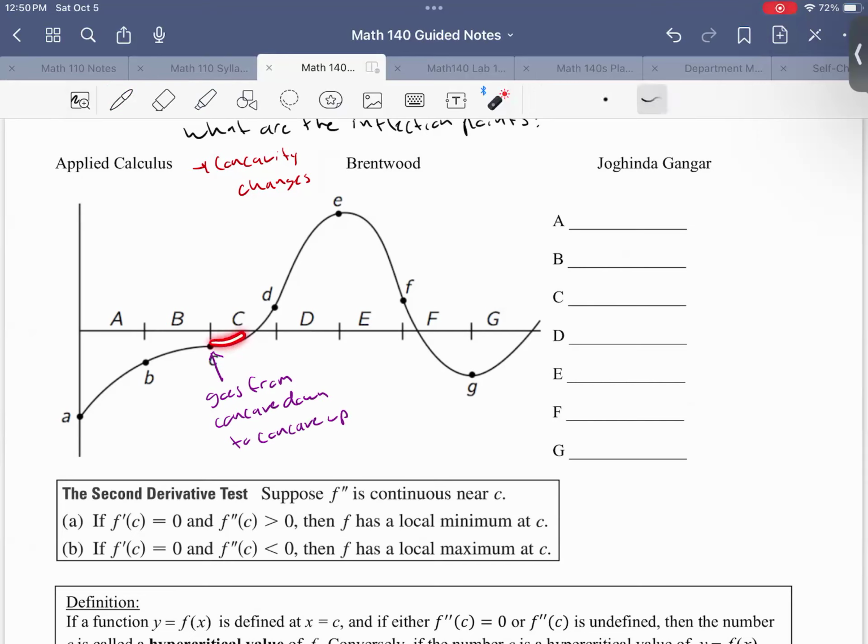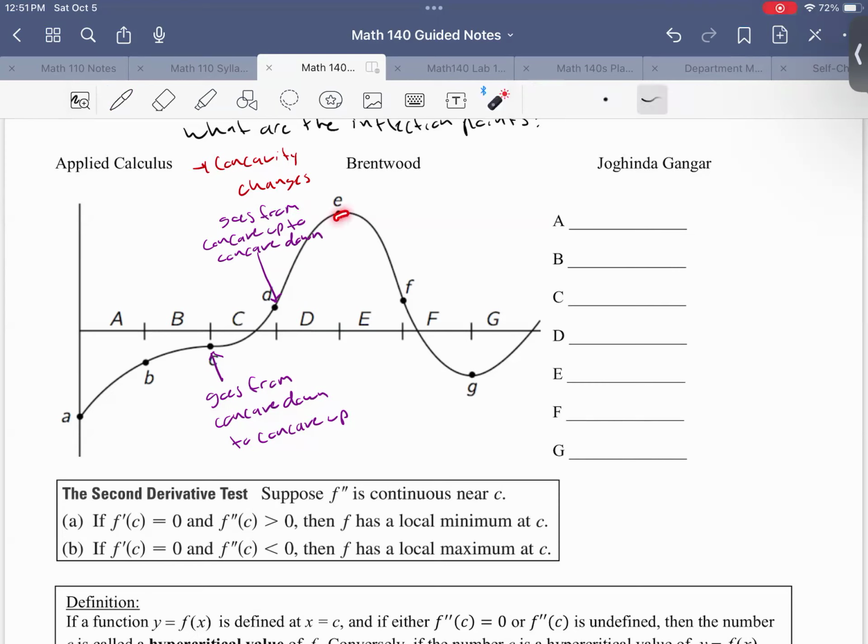Now let's keep going. We're still concave up, and then boom, right at D, we switch from concave up to concave down. You see the switch right there. So here at D, it goes from concave up to concave down.